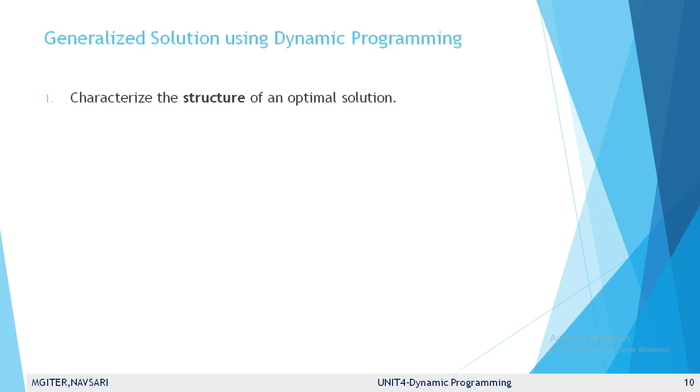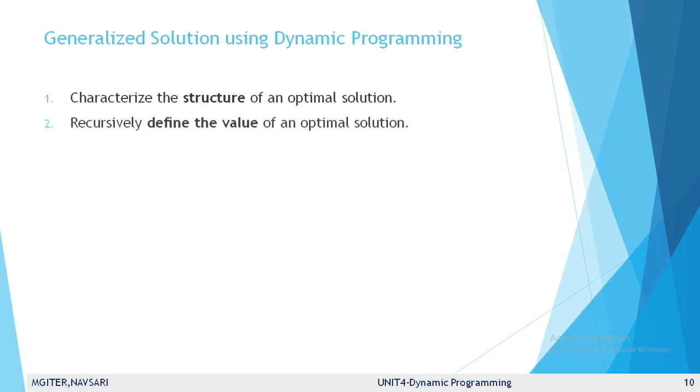Now the characteristics of dynamic programming. First, characterize the structure of optimal solutions. That means develop a mathematical notation that expresses any solution and sub-solution for the given problem, meaning we apply the same structure for solving the sub-problem.